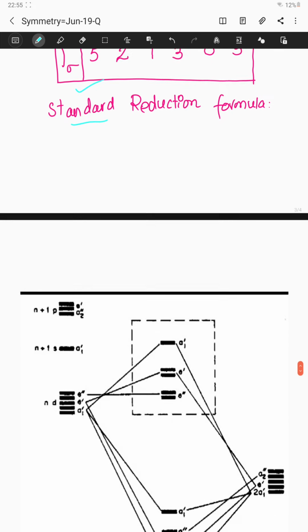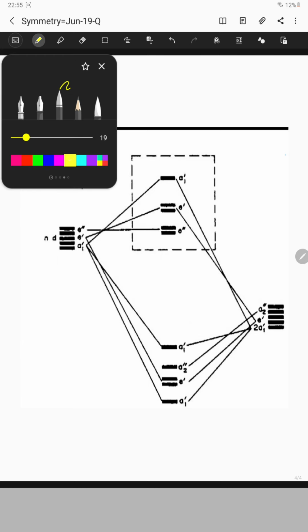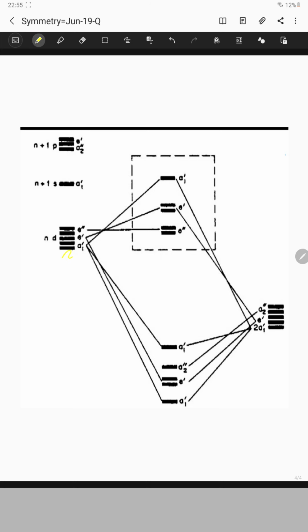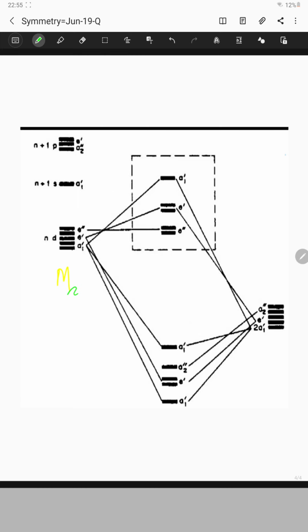Well, the other approach is, if at all you can remember the molecular orbital energy level diagram for a trigonal bipyramidal geometry. Here we can very clearly see that these are the metal orbitals, whereas these are the ligand orbitals.